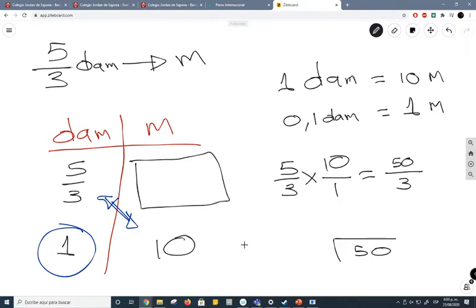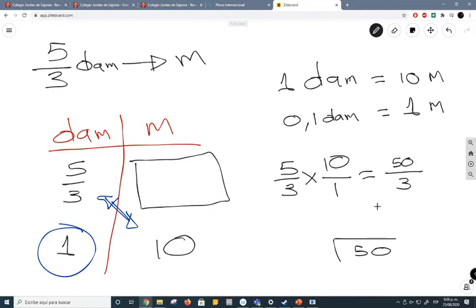Okay, by the way, kids, I stop here. I say that this is the result because we multiplied in diagonal, right? But after that, we have to divide by the other number, which in this case is 1. Okay, and remember, dividing by 1 is the same number. In this case, this step can be skipped.